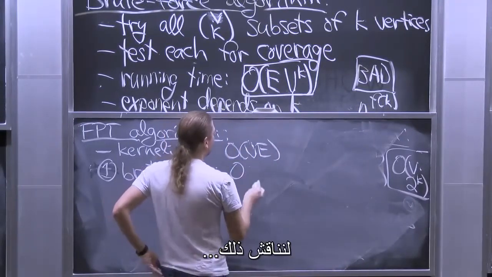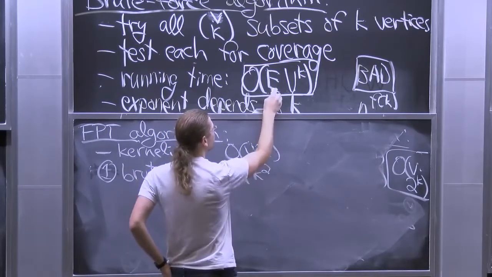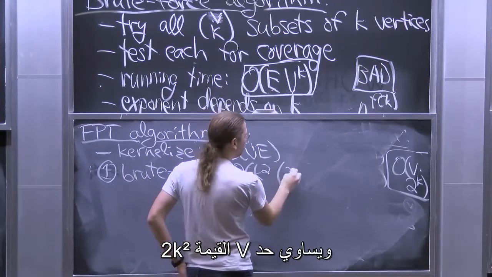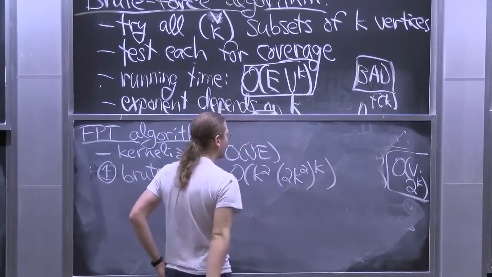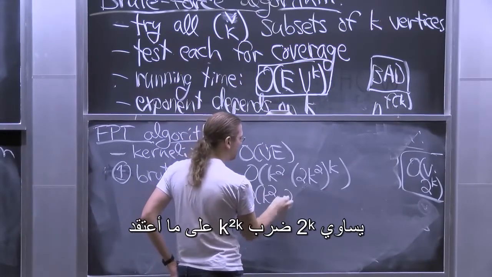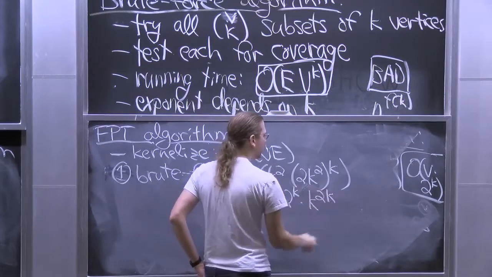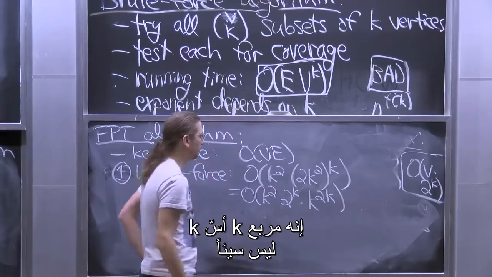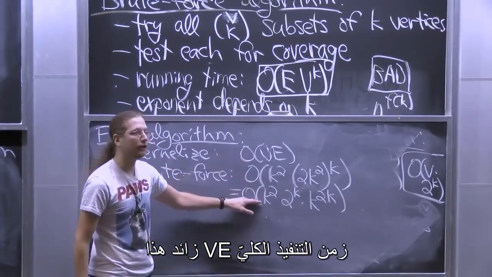So we're going to get k squared for the E term, and then the V term is going to be 2 times k squared, and then that's going to be raised to the kth power. Simplify a little bit. This is like 2 to the k times k to the 2k. Okay, it's k to the k squared. Not bad. Overall running time is VE plus this.